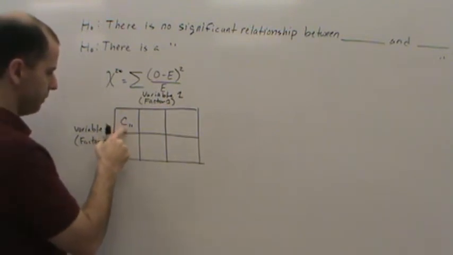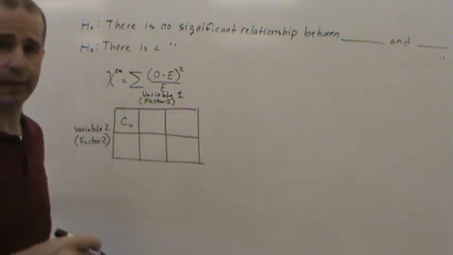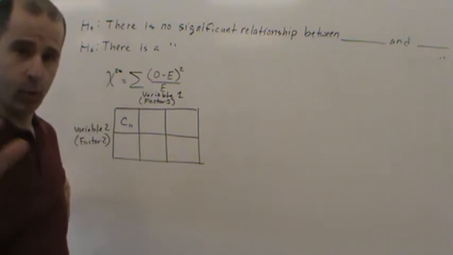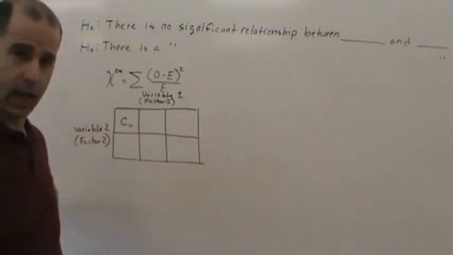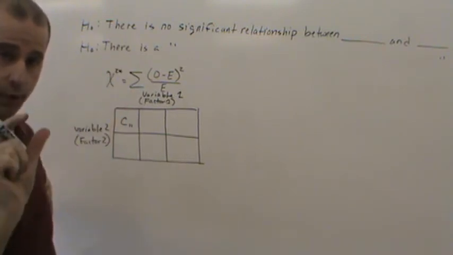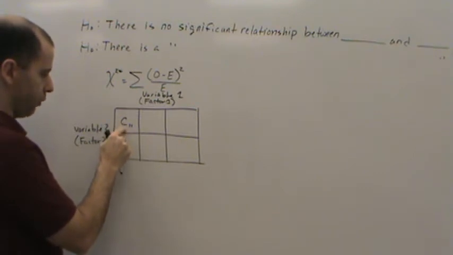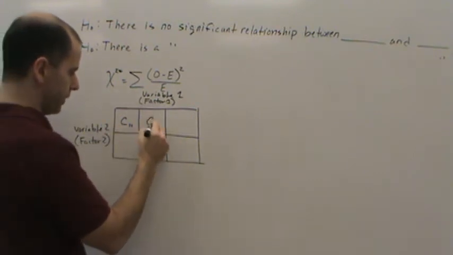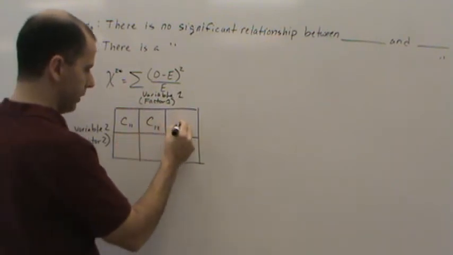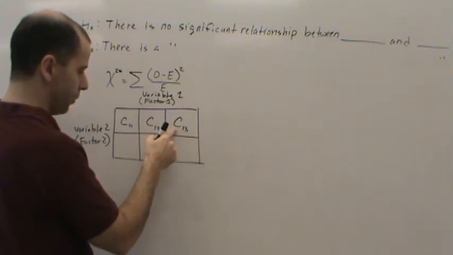Think of the grid in an Excel file, where you have this big grid with rows and columns, and each cell is indicated by a row-column coordinate. So this is the cell that goes with the first row, first column. This would be cell 1-2, first row, second column. This is cell 1-3, the cell in the first row, third column.